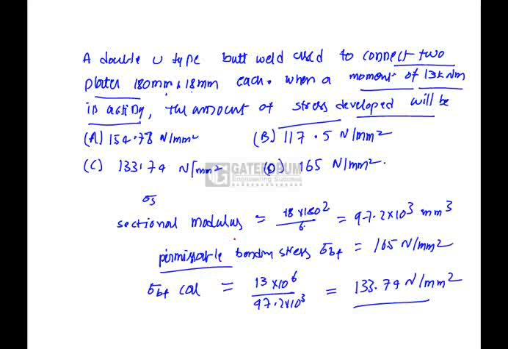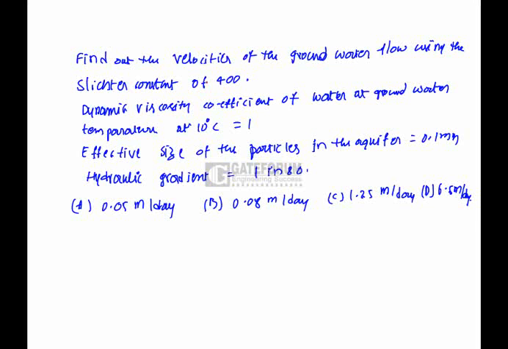The actual stress developed is less than 165, so 133.74 is the correct answer. If it is greater than that, it is not acceptable; it should not be greater than the permissible stress.